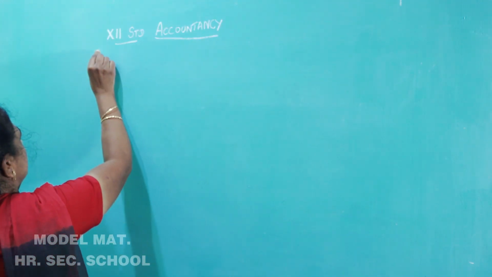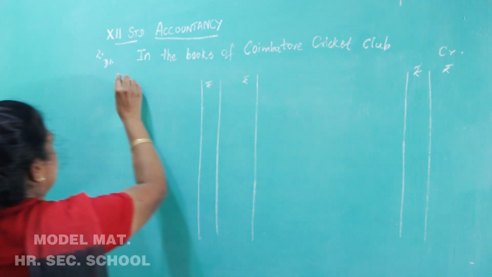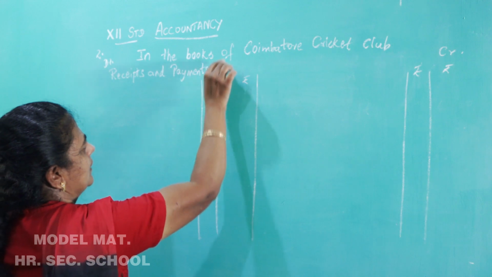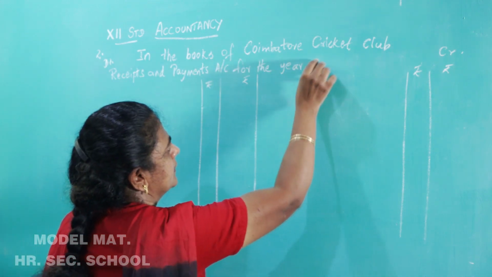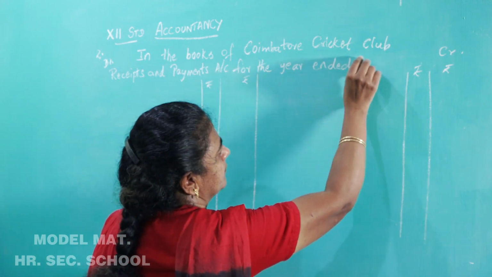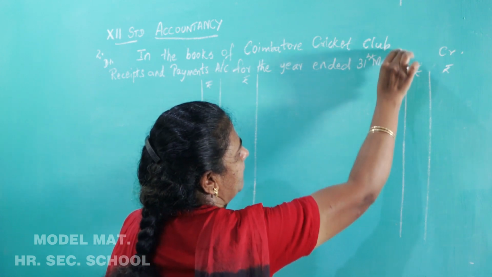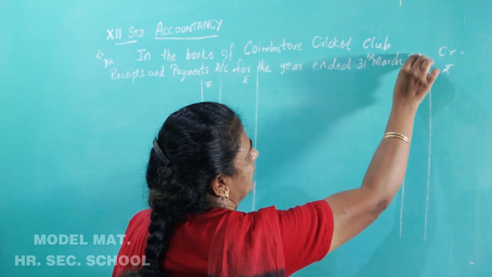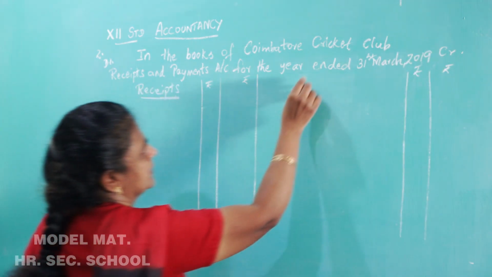Question number 2. In the books of Coimbatore Cricket Club, receipts and payments account for the year ended 31st March 2019. Receipts, payments.